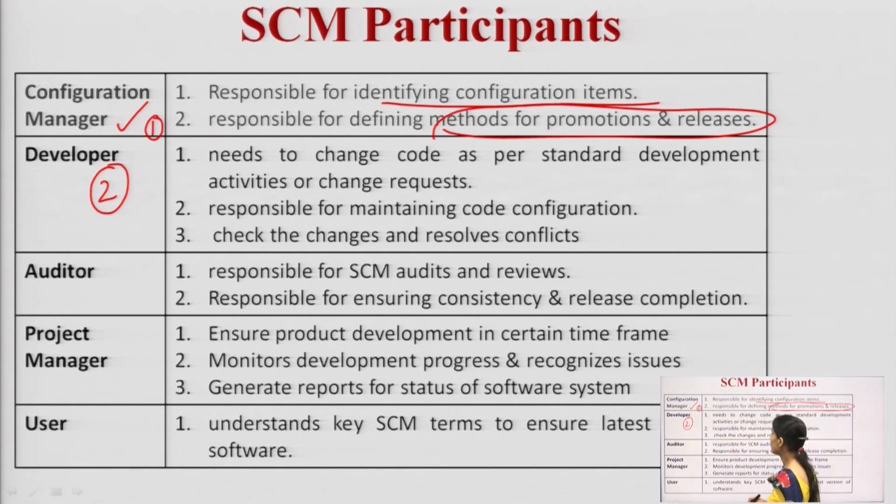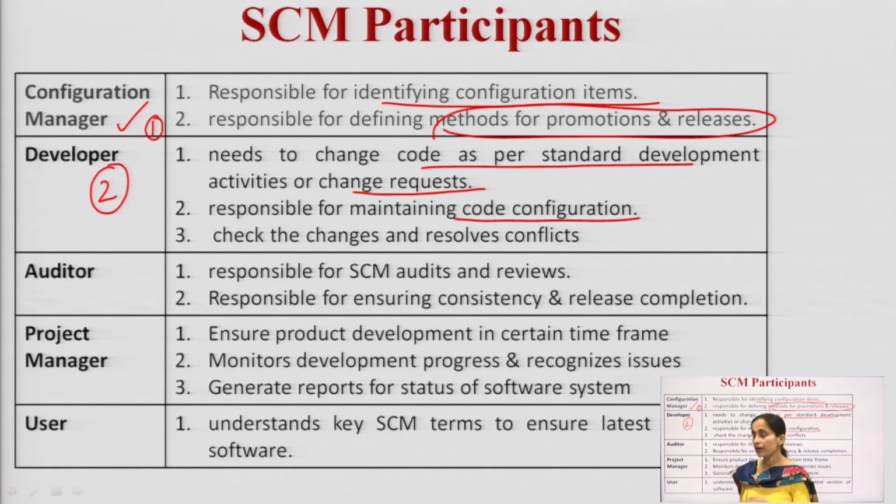The role of the developer is that he needs to change the code as per the standard development activities, and he is the only person who can change the request. Then the developer is responsible for maintaining the code configuration. Then the developer checks the changes, and if any conflicts come up, he resolves them.